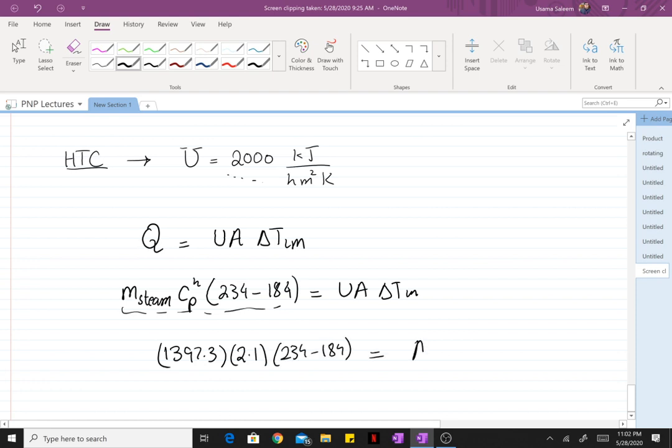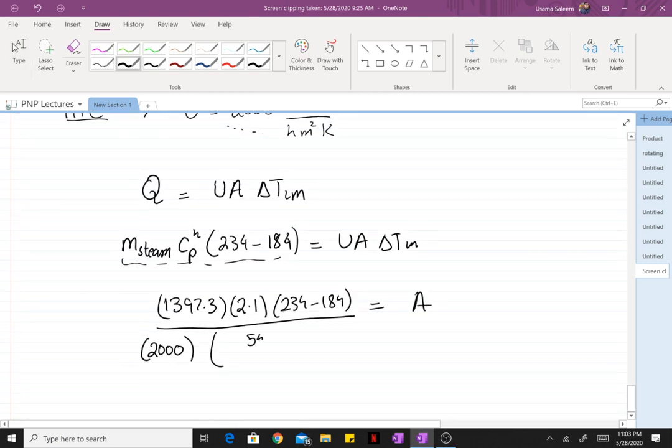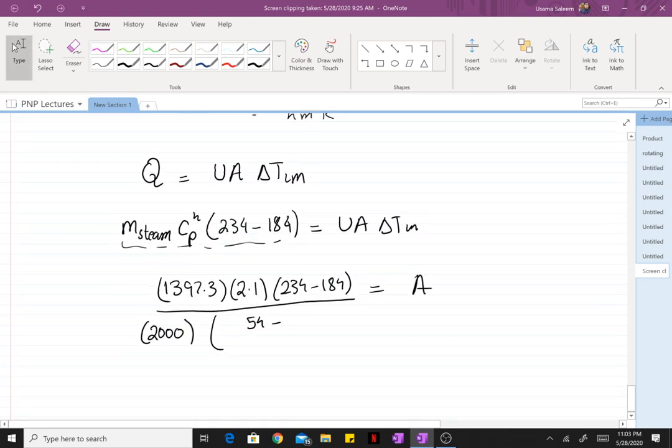And we're interested in the area, so our heat transfer coefficient is 2000, and our log mean temperature difference comes out to be, higher minus lower, so 54 minus 5.45 divided by the logarithm of 54 divided by 5.45.